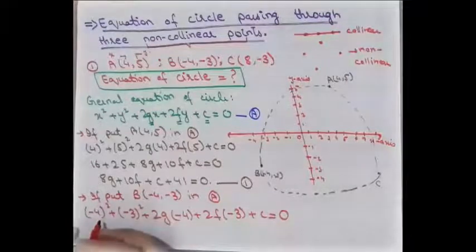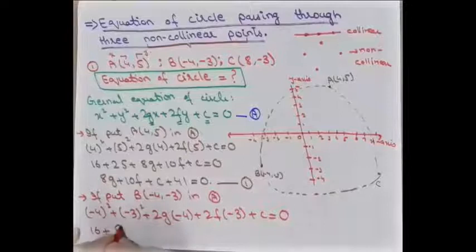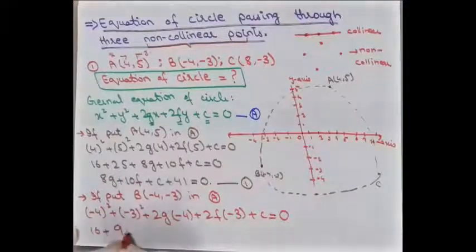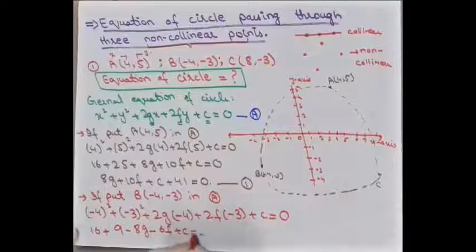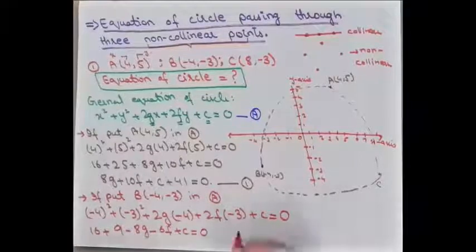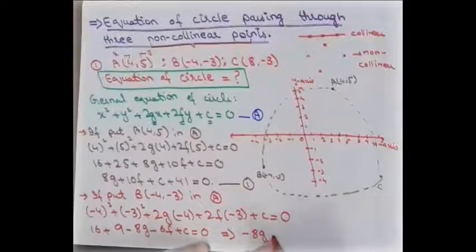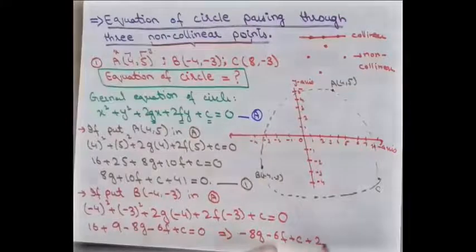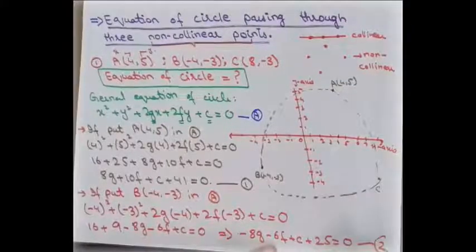Now to solve this, it will be 16 plus 9, because whenever we take a negative sign of square it is always positive, minus 8g minus 6f plus c, which is equals to 0. If we further simplify, minus 8g minus 6f plus c plus 25, which is equals to 0, and we say that this is equation 2.